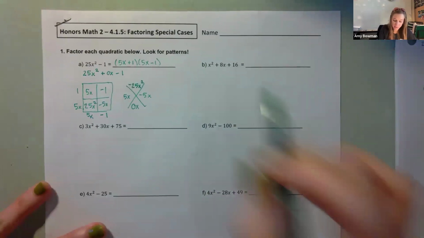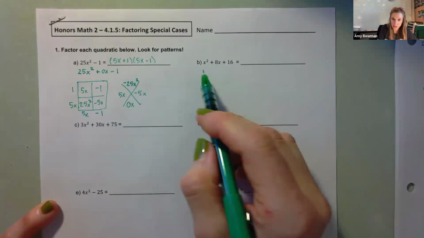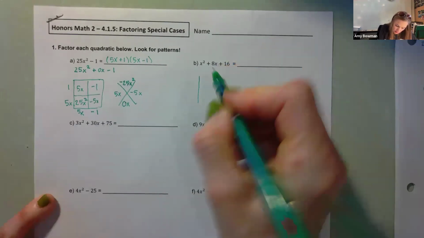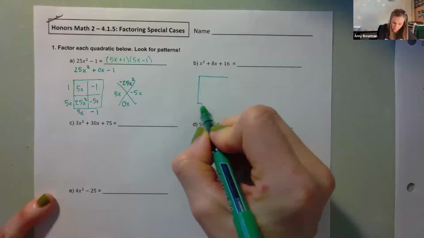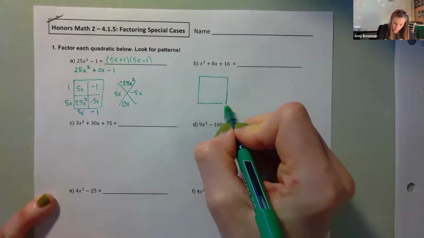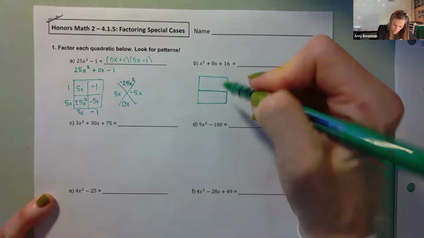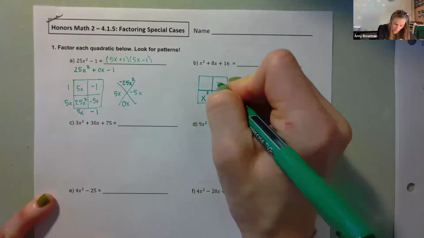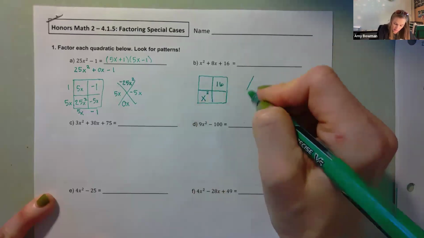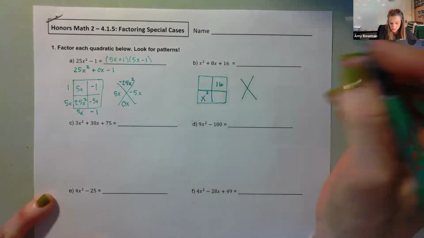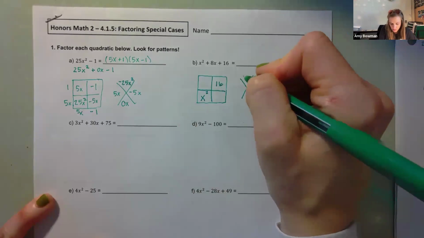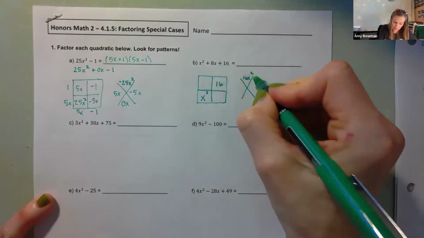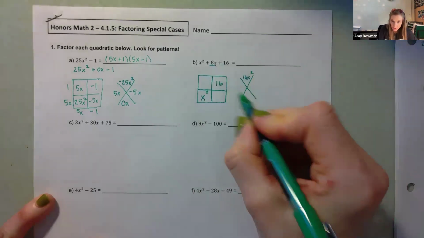All right, let's look at another one. This one, part B, we do see three terms. Again, we're just going to start right off with the area model. We've got x squared in the bottom right, 16 in the top left. And we know our 8x needs to be the sum of our other two boxes.